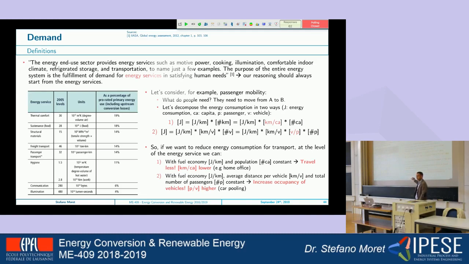For example, the practice of home working, or renouncing a trip if it's not really needed, is the first factor that impacts the energy consumption without any need of investment. And the second one, even if you want to move, you can have a higher number of passengers per vehicle. If you do ride sharing, BlaBlaCar, carpooling, or so on, this has a direct impact on the energy system as a whole.